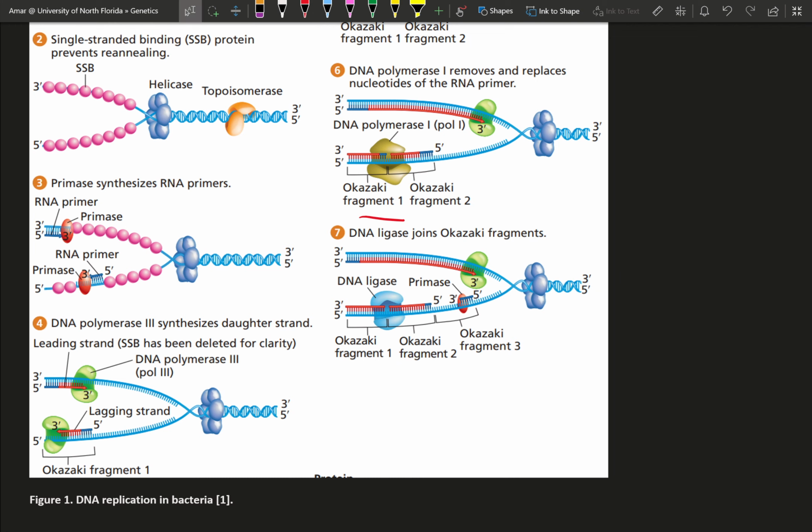And then lastly, what's going to happen here, DNA ligase is going to come in and it's going to reform the final phosphodiester bond between the last two DNA nucleotides, because the DNA polymerase 1 doesn't actually reform the final phosphodiester bond.